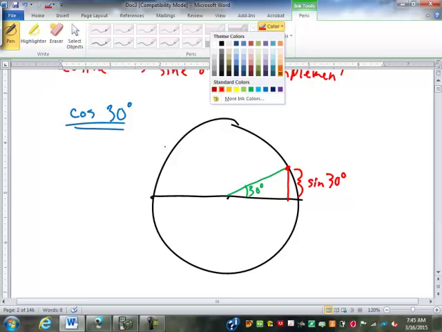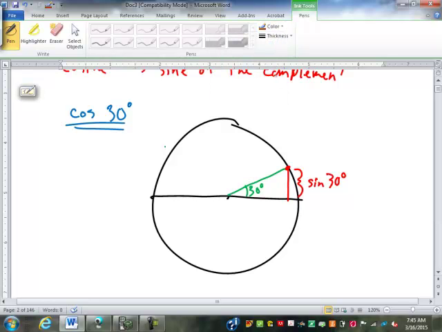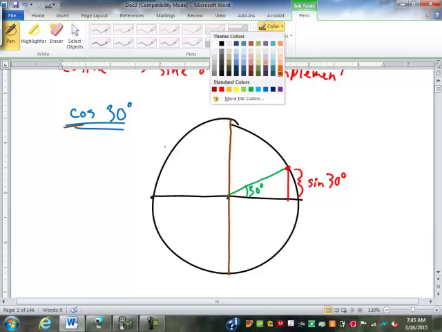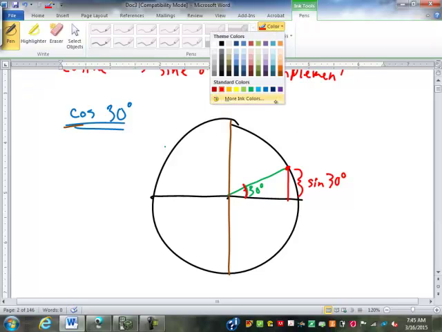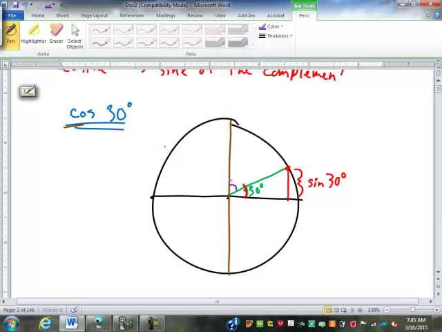But we don't want the sine, we want the cosine. Remember I said I put in this vertical diameter here? It's not really a reference diameter, but it gets used as one. Because if this angle right here is 30 degrees, where's the complement of 30 degrees? Right there, you got it. Off of that vertical diameter, from the north direction if you want to look at it that way.